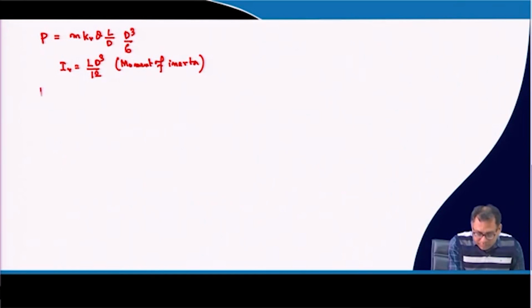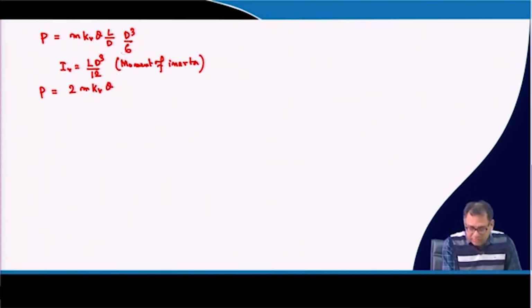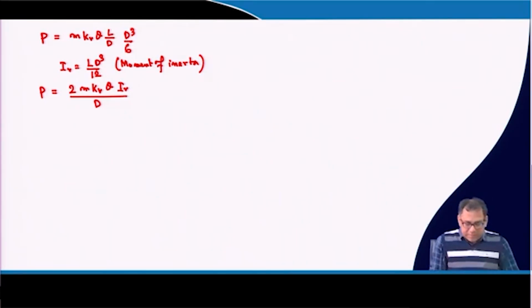So, now I can convert P is equal to, this is 12, so this will be 2 m kV into theta, and this is L d cube by 12. So, that is why this is 2. So, this will be I v, and then the total is d. Okay, 2 m kV theta I v divided by d. Yes. So, this is the total force or total soil reaction.